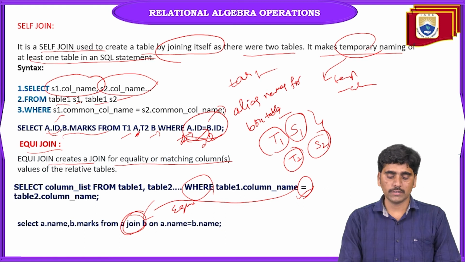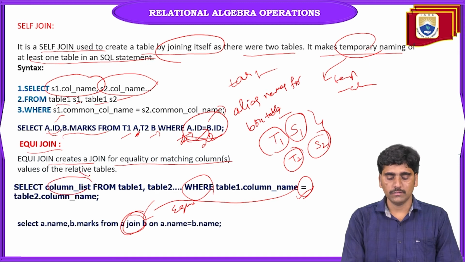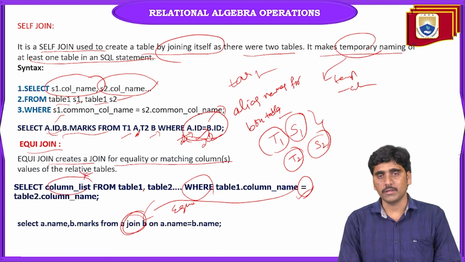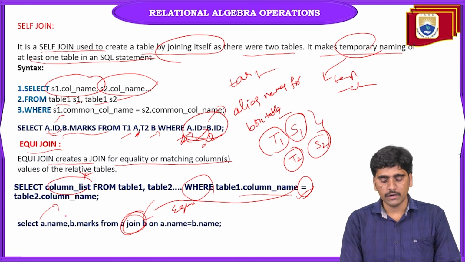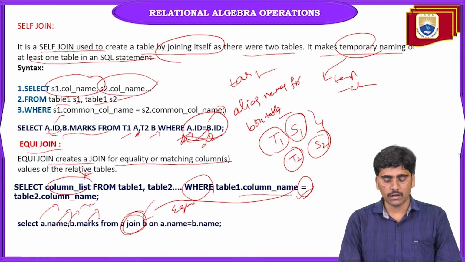The syntax is: select column list, which is star, from table1, table2 where table1.column_name equals table2.column_name. For example: select A.name, B.marks, where A is the table name and name is the column name, and B is table 2 and marks is the column name.